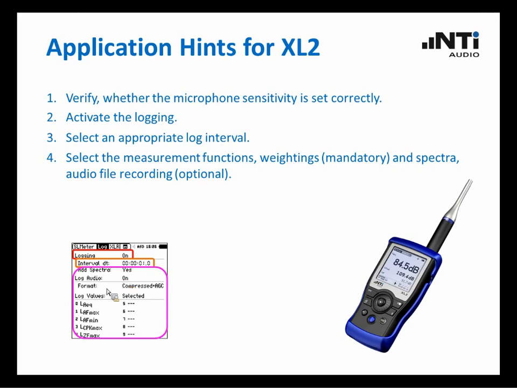This is a very helpful feature. For instance, if in the post-processing you are discovering that there have been some high peaks during your recording, you may program the instrument in a way that it records a sound file of these events, and so you can listen to them, you can identify what has happened exactly in that moment.